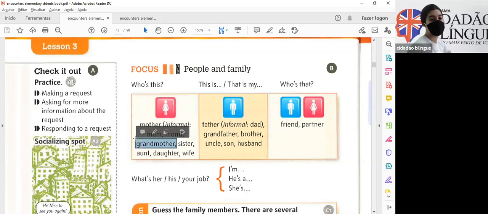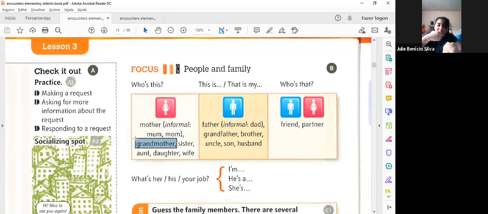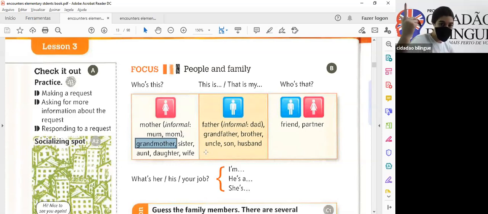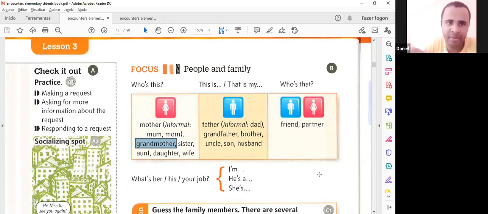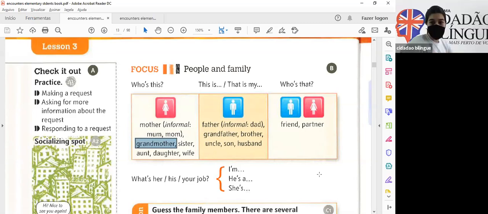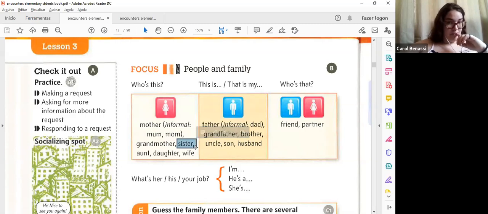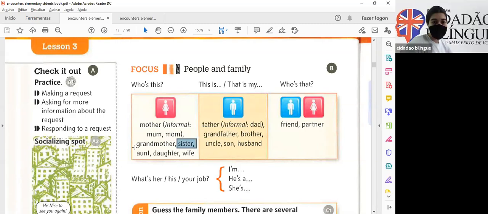Grandmother. Everybody turn on the microphones so that I can hear. Liguem os microfones para ouvir. Grandmother. Very good. Sister. Very good.